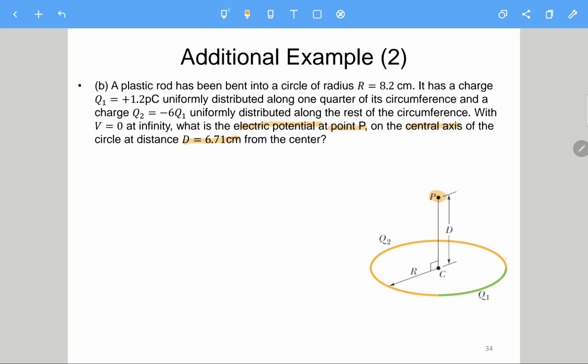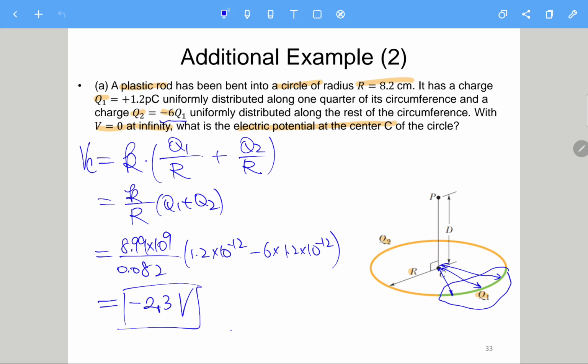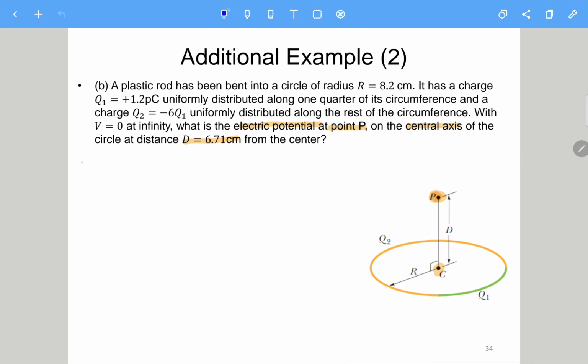Actually the same structure, but rather than calculating V at C, we calculate the V at point P. The only difference is that we need to calculate this, maybe we can call it small r.